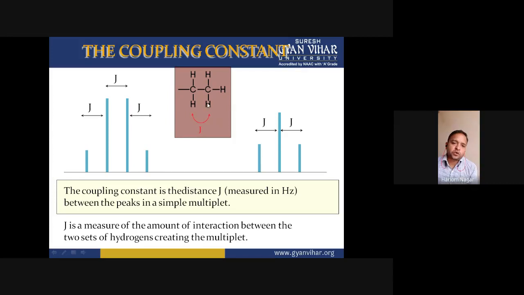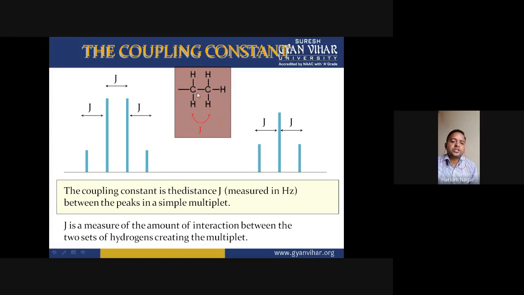But if these three protons interact with the spin orientation of these two protons in which both protons are spinning in the anti-clockwise direction, then the signal of these protons is shifted into the upfield side, because anti-clockwise spinning of these CH2 protons generates a magnetic field which opposes the applied magnetic field.